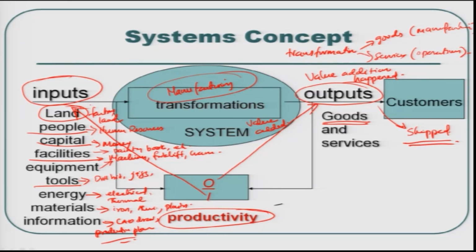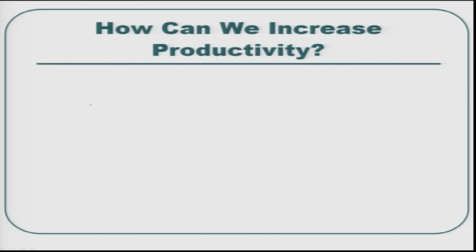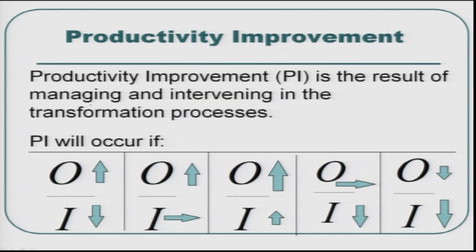What we will do is talk about how productivity can be increased. The first thing we need to think about is that productivity increase is a result of productivity improvement, which we abbreviate as PI. It is the result of managing and intervening in the transformation process.